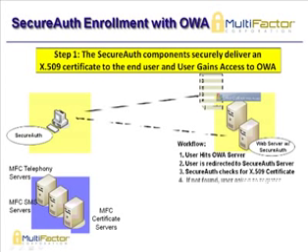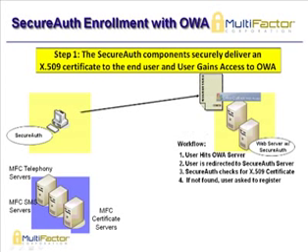If the user does not have the certificate, we ask the end user, and we being the SecureAuth module residing on the server, ask the user to register. And that is a configurable option for the deploying administrator, which registration methods you would like to use.